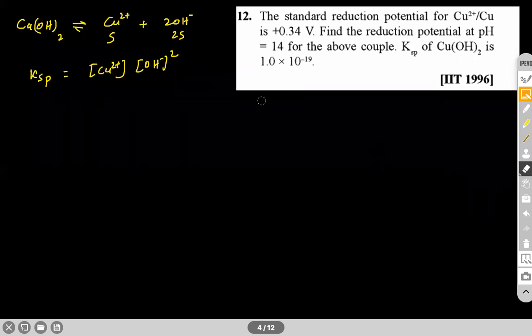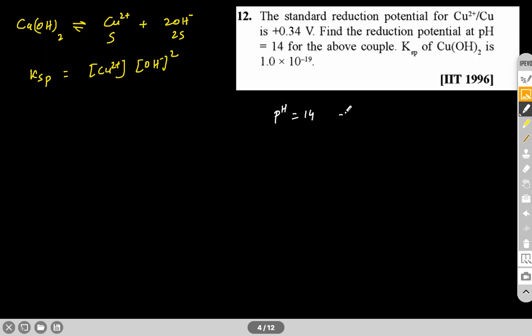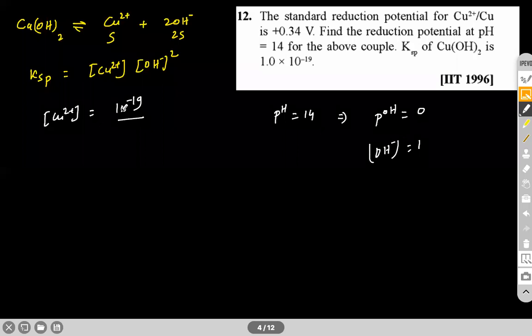The KSP expression is this, but we know that when pH is 14, it means pOH is 0. This means the OH minus concentration is 1, and hence we substitute 1 here. So the concentration of Cu2 plus we can find out, that is 10 to the power minus 19, with the given data. Okay, now we can use the Nernst equation and find out the answer, right?